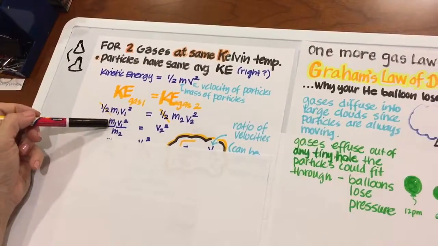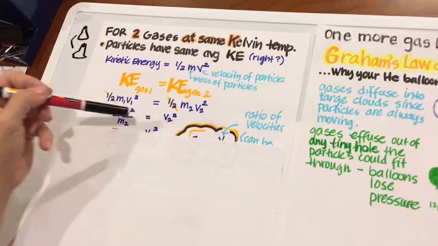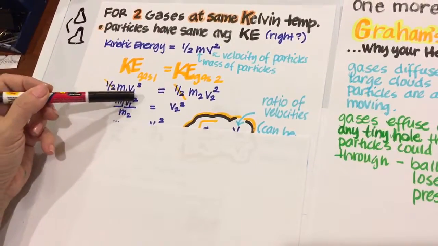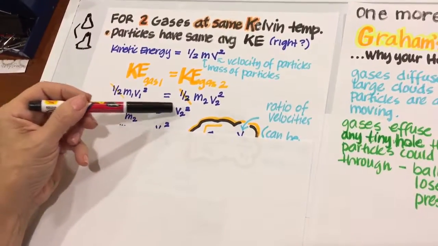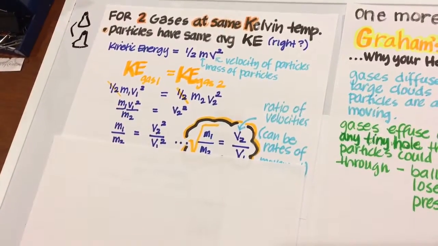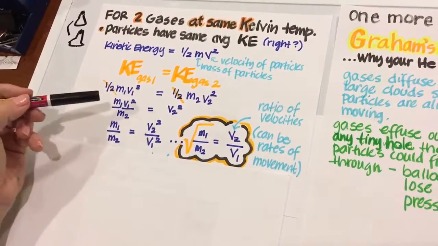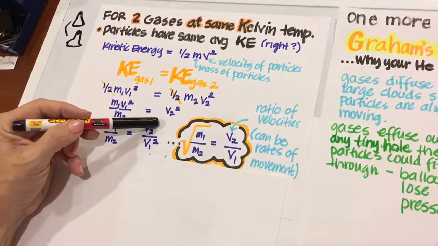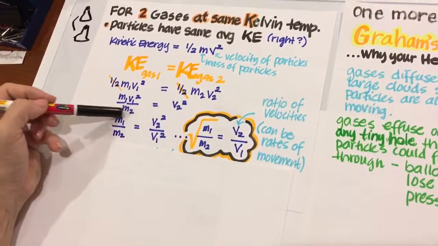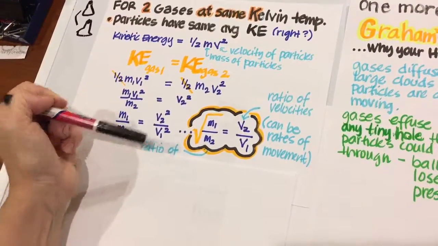Now let me rearrange the equation. If I divide both sides by m2, I get m1 v1 squared over m2 equals v2 squared. And now I'll go even further. m1 over m2 is going to equal v2 squared over v1 squared. Taking the square root of both sides, I'll end up with Graham's law of diffusion.